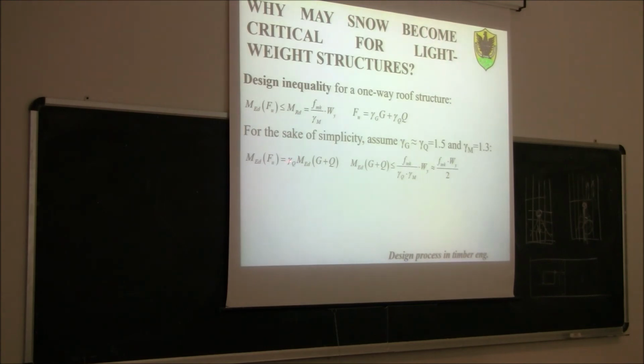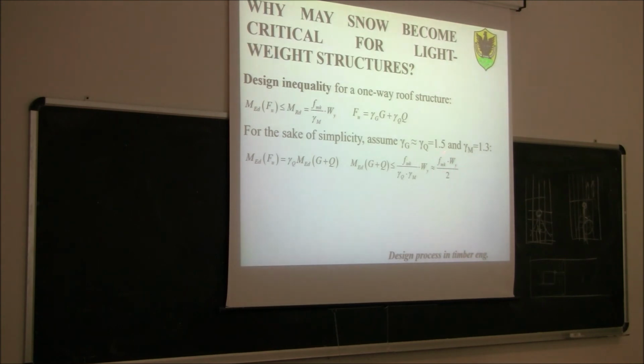So gamma Q times MED as a function of G plus Q must be less than or equal to FMK divided by gamma M times WY. So what I can do, I can divide it by gamma Q. If I divide by gamma Q, then you see MED as a function of G plus Q shall be less than or equal to FMK divided by gamma Q times gamma M times WY. Okay?